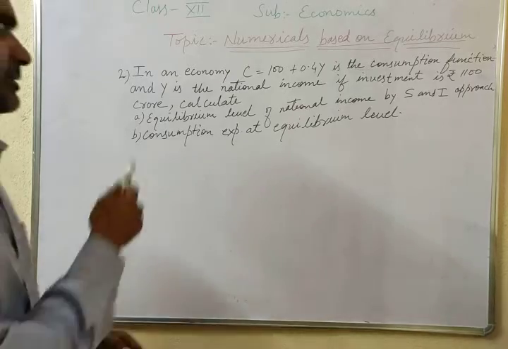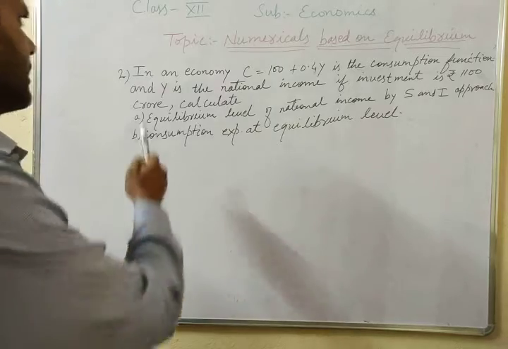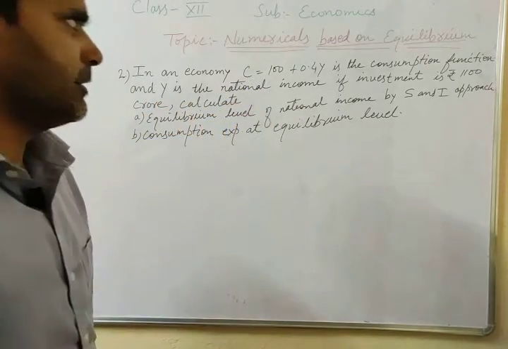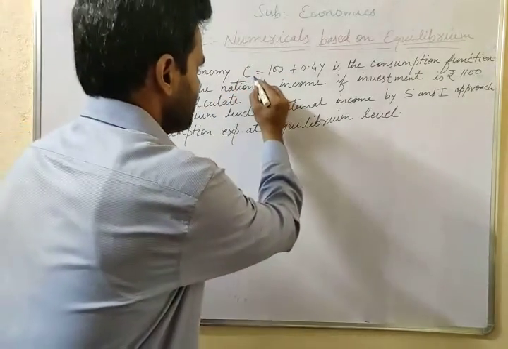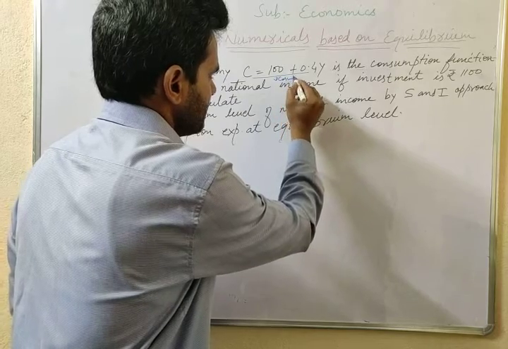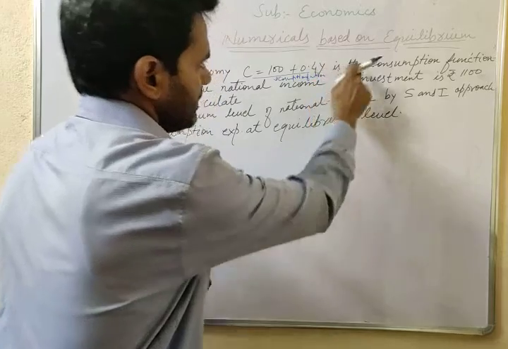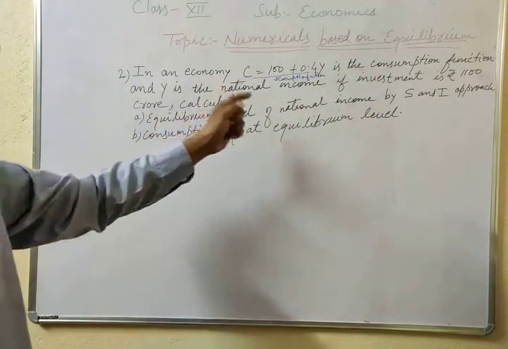So students, here is one more problem written over here. In an economy, C is equal to 100 plus 0.4Y. What is this? This is the consumption function, and Y is the national income.